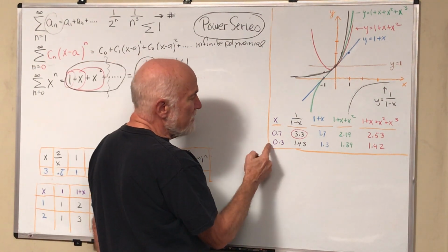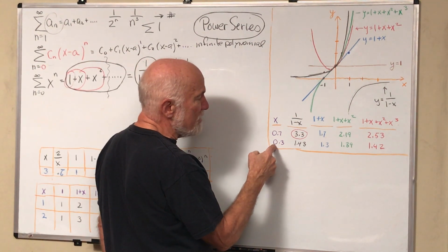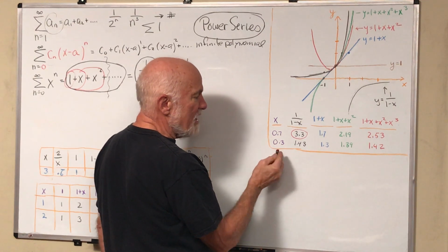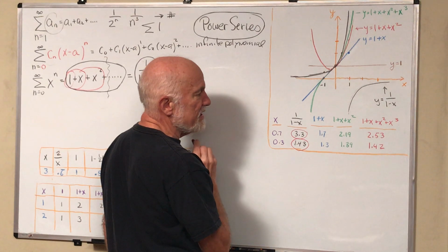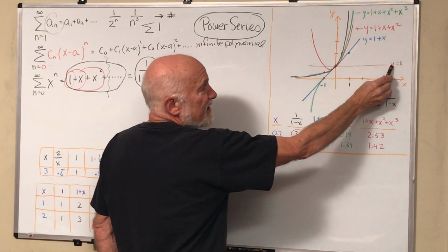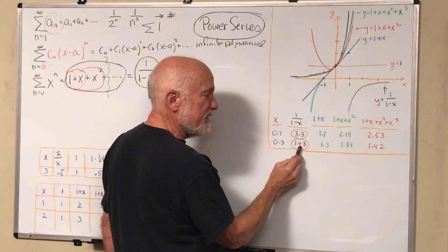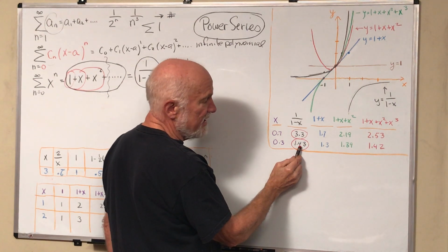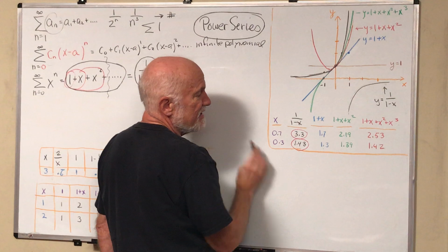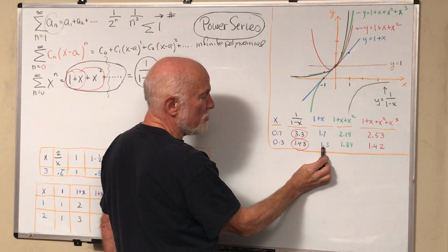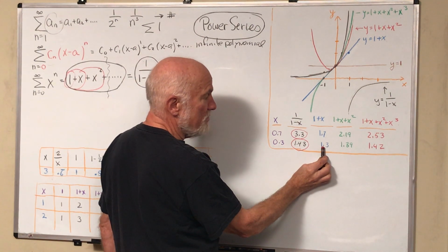But what should do better is if I plug in 0.3. So I did the same thing with 0.3, and I got 1.43. The horizontal line would just predict 1. Not as bad. The straight line on a slant predicts 1.3, getting better.